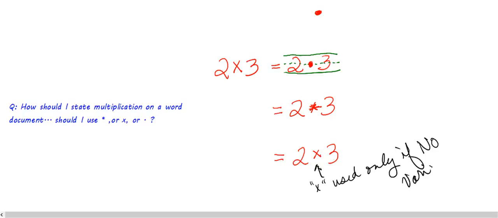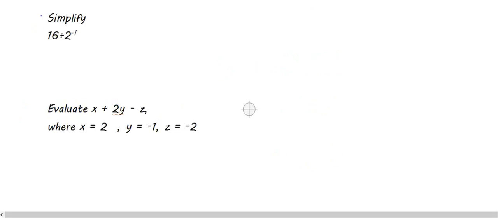This is algebra class, so that's probably not going to happen very often or for very long. So yeah. Simplify 16 divided by 2 to the -1.